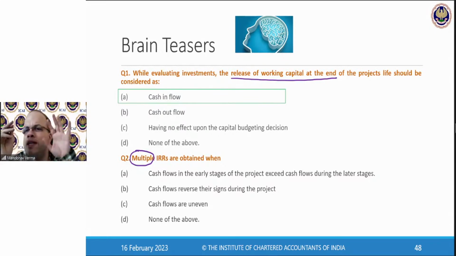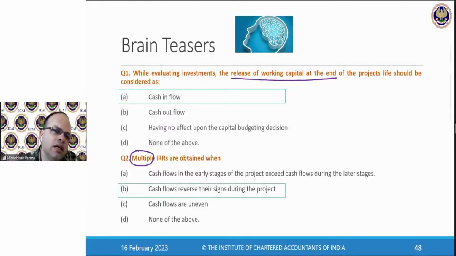Generally in a project you have an initial outflow and then inflows. But what if in a project there are outflows, inflows, then again outflows and then inflows? Then you could have multiple IRRs. We also call it cash flows reversing their signs during the project, because you have inflows after outflows and again inflows and so on.